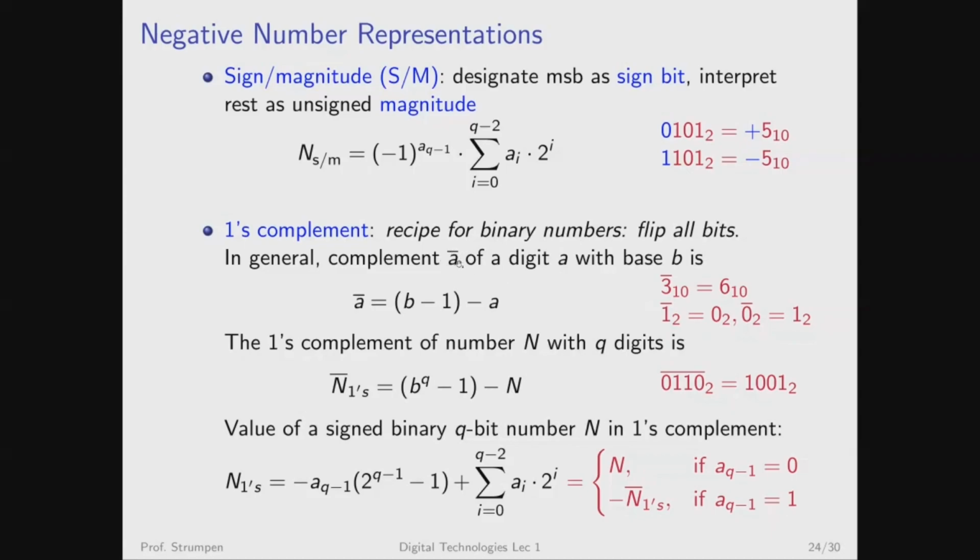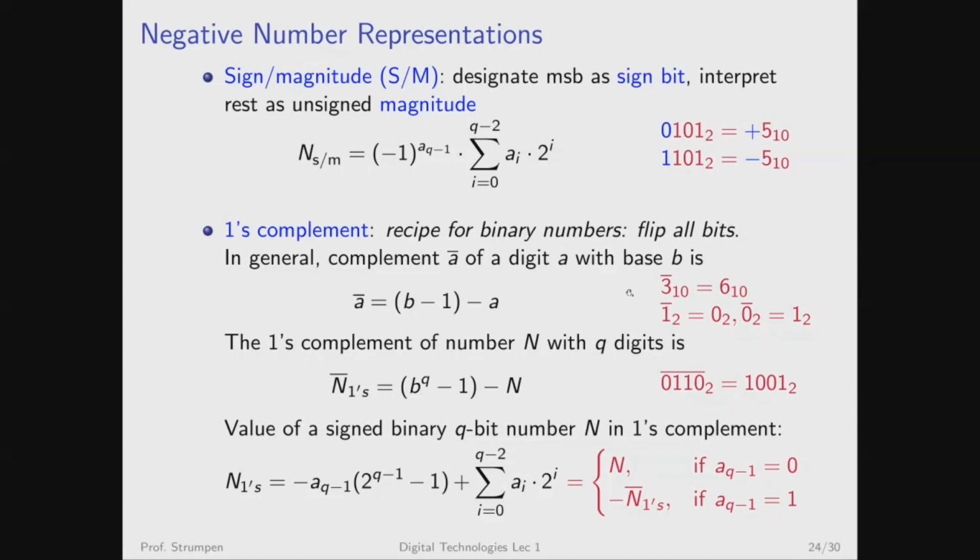So the complement of a digit A with base B is generally defined as B minus 1 minus A. Right? Let's exercise that for decimal digits. In decimal, the base is 10.